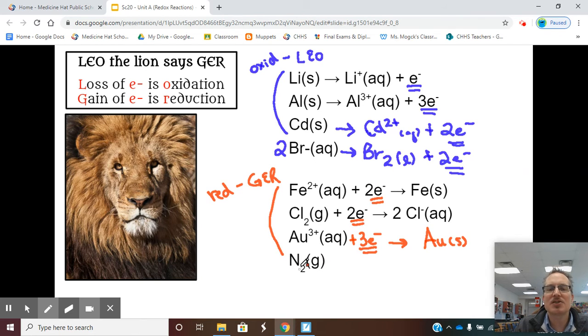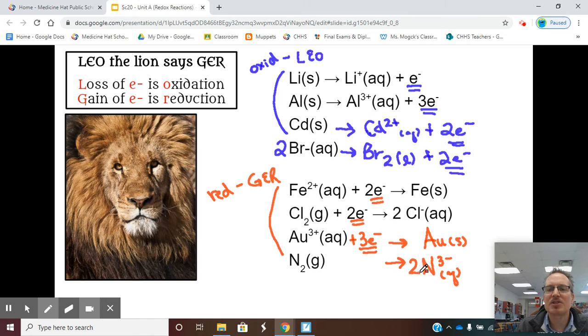Again, let's do nitrogen. Find N on your periodic table. Nitrogen looks like it's element number 7. So we're going to copy it out. The charge on nitrogen is 3 minus. And since it's an ion, it's got a charge. We're going to write aqueous. So we balance atoms first. We have 2 nitrogen. We only have 1 nitrogen.